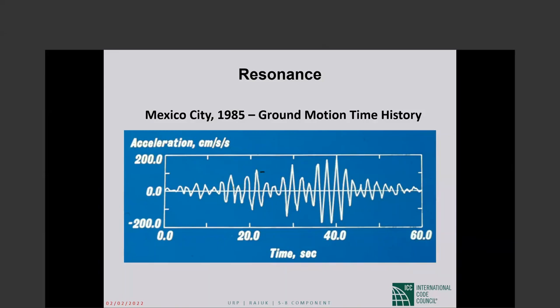Much of downtown Mexico City is founded on an old Aztec lake bed, which means very soft soils. So in this earthquake, the epicenter was a long distance away. I think it was about 180 miles or so away out in the Pacific to the west of Mexico City.